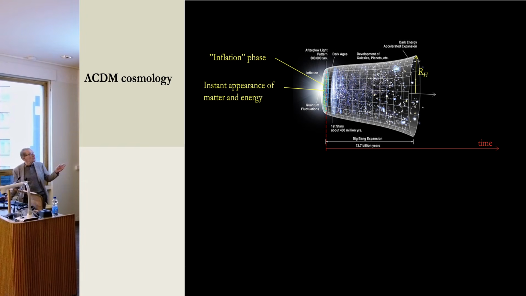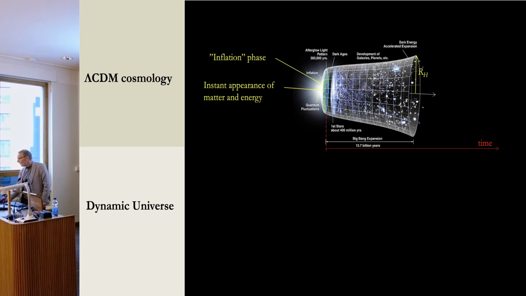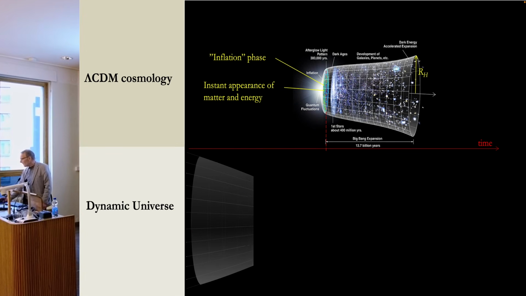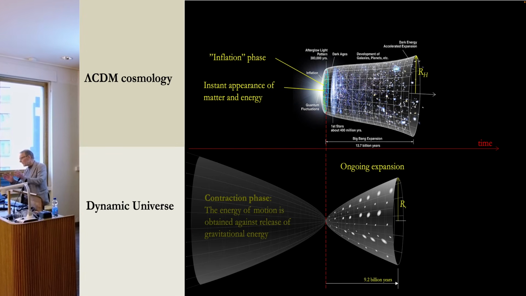So if we compare that to the present understanding of the start of the expansion, which started from the instant appearance of energy and the start of time and the laws of nature, first we extend the time coordinate to the infinity in the past, and we start the development from there, and now we build up the energy, and then we release the energy.